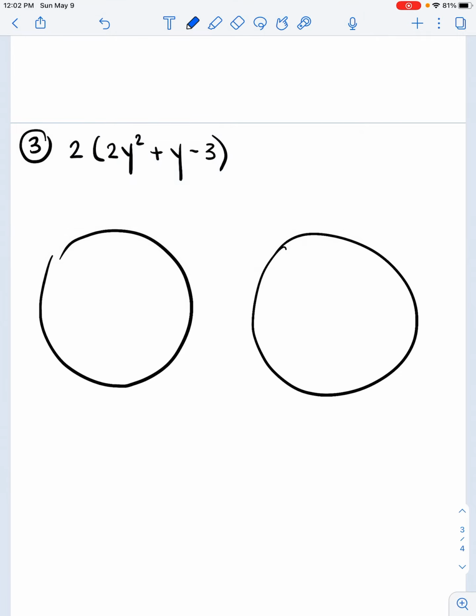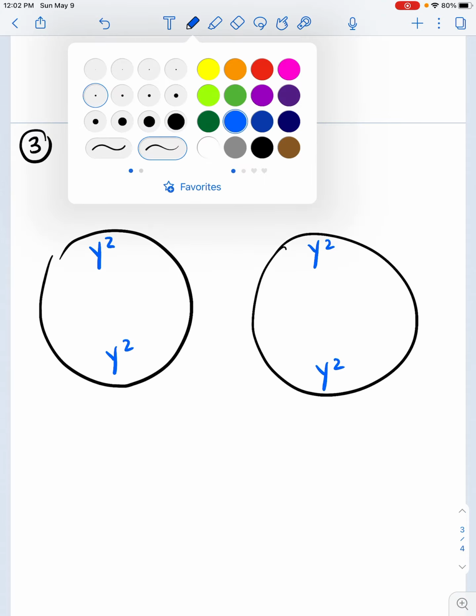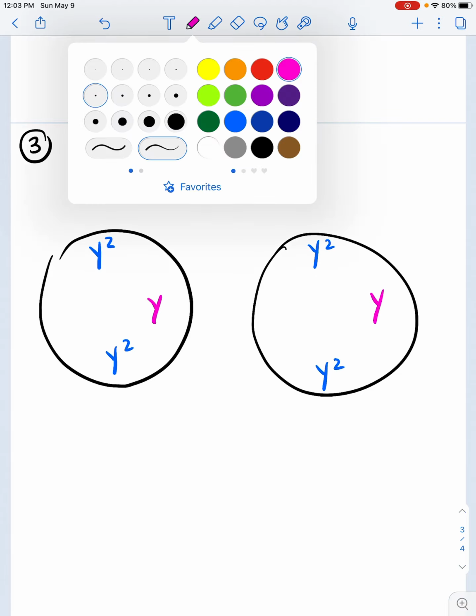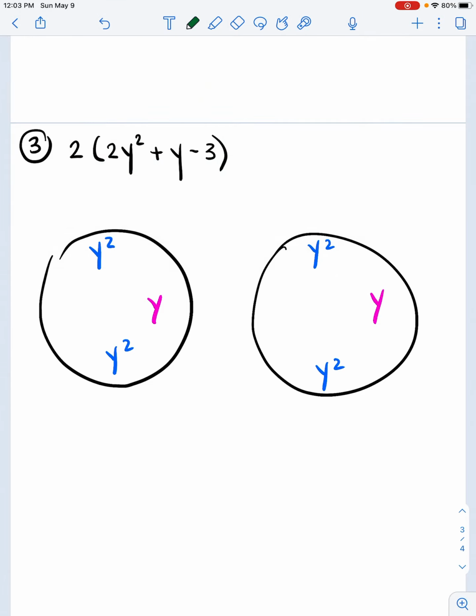So I'm going to put 2y squareds in each of these. And we'll do a little color coding for this because it's a little more complicated. And then each group has a y. And then each group also has 3 negatives, right? Because it's -3.